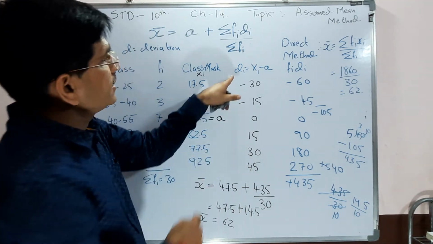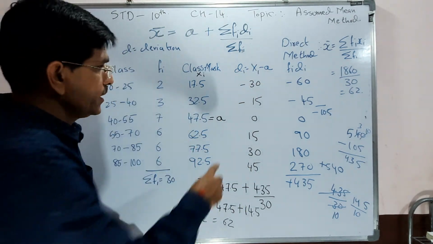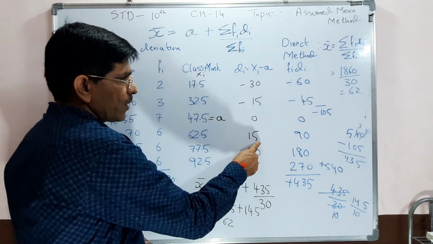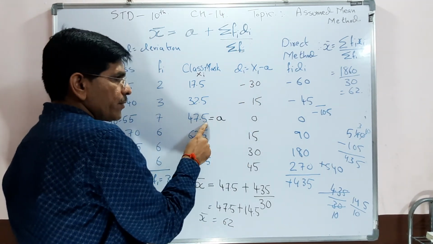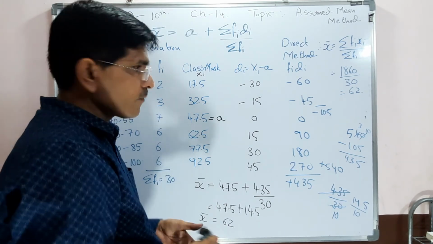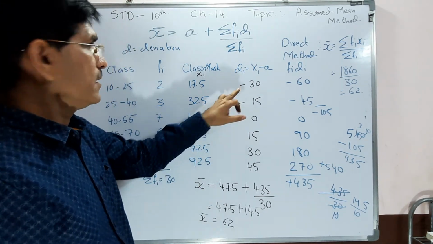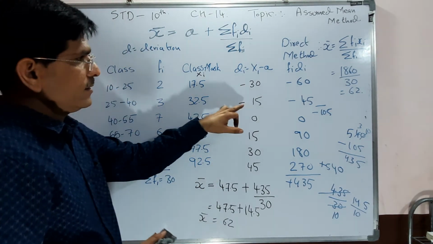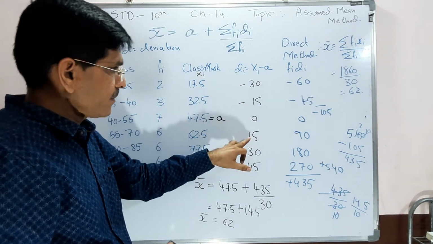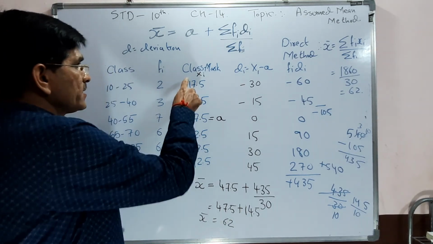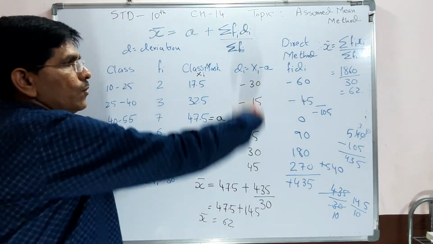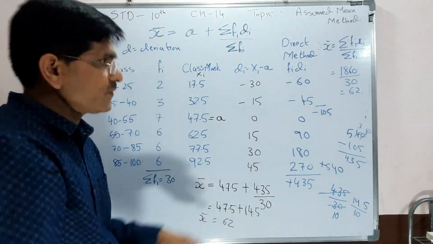If you do it by the formula, we get the same answer. Check: 62.5 minus 47.5 gives 15. So 0, minus 15. If the difference were 10, it would be minus 10, minus 20, and 10, 20, 30, 40. But here the difference is 15, so we go above with 15 and below with 15 multiples.